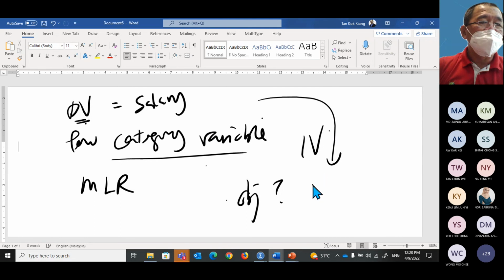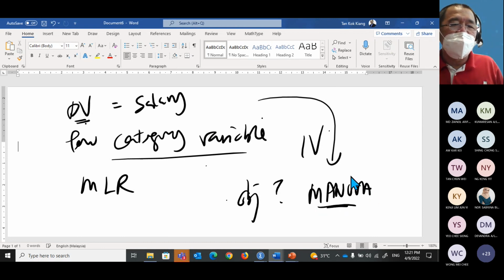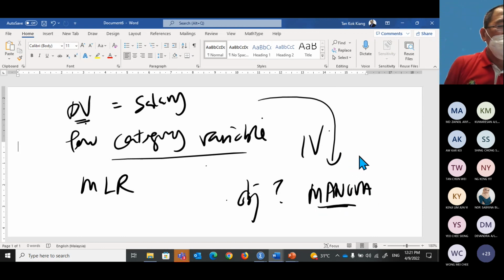So you may consider to use multivariate ANOVA. But we're not going to cover this in this module. Are you going to do this in your capstone?